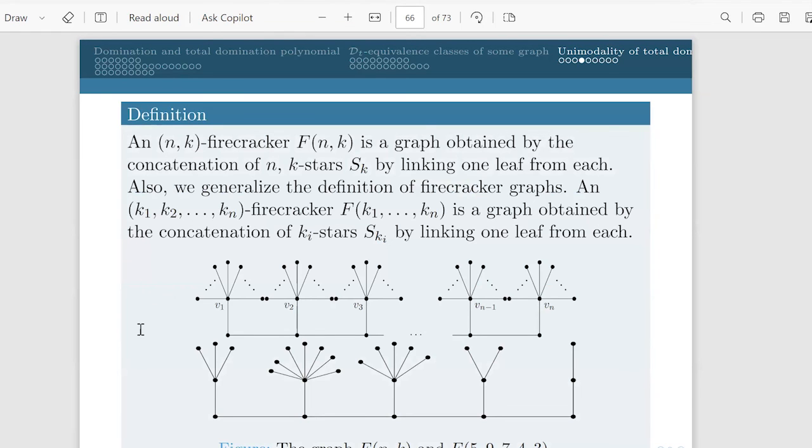You see here, and the one below is the generalized firecracker, denoted by F(k1, k). And yes, you see the second figure is F5.